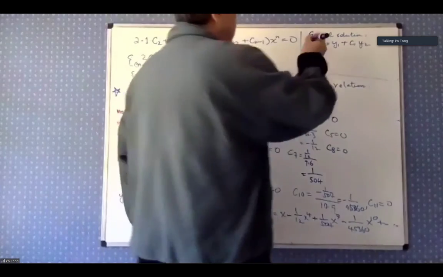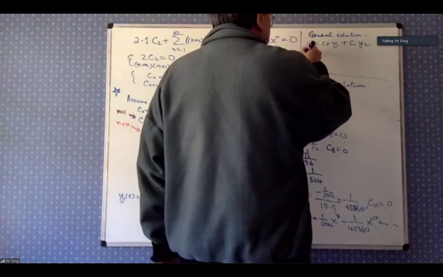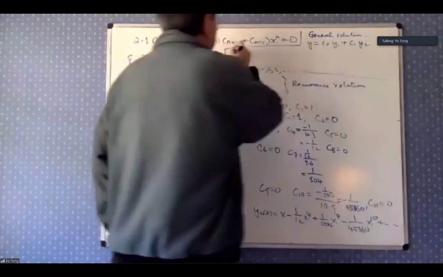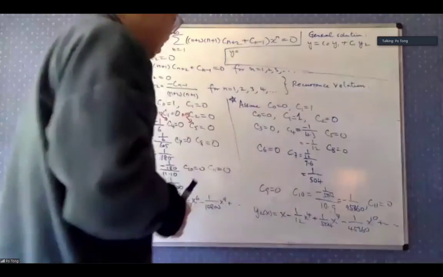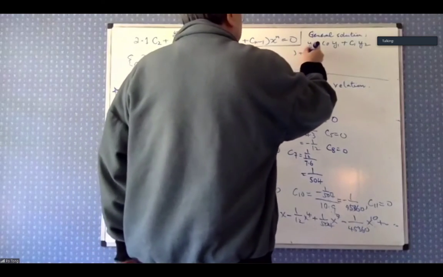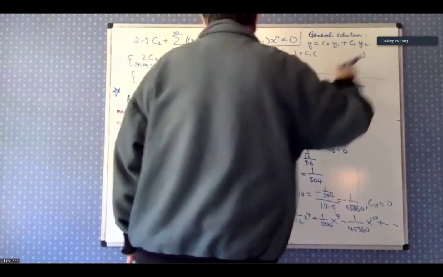And if you want to write it out, it will be like this: y equal to C0 times that whole chunk plus C1 times that other chunk.